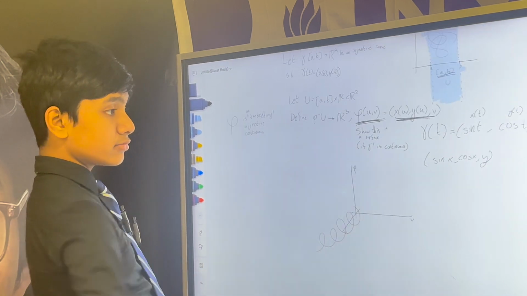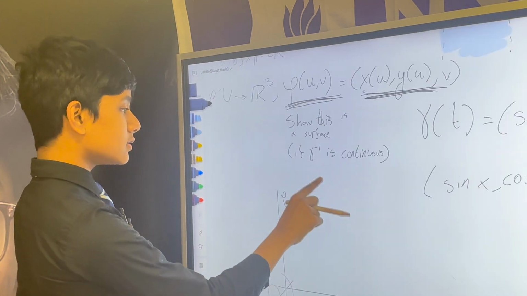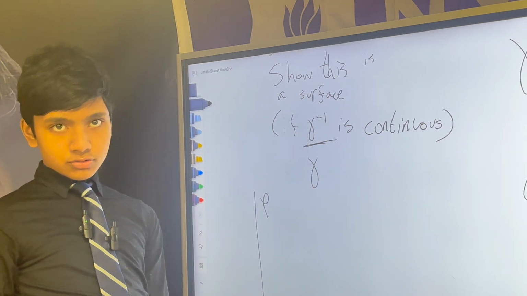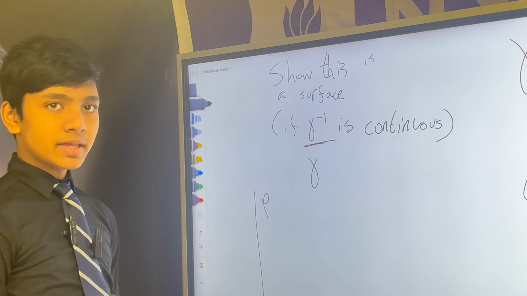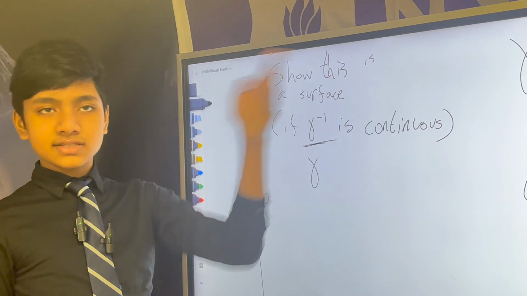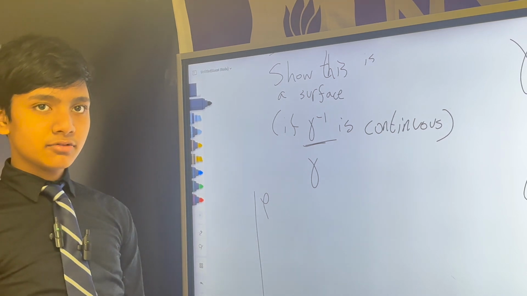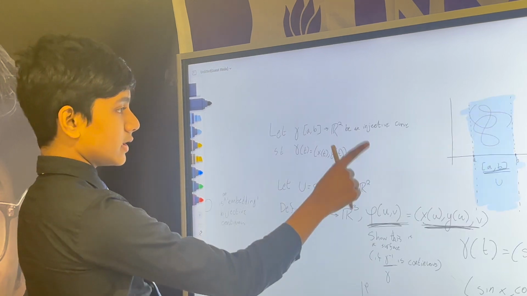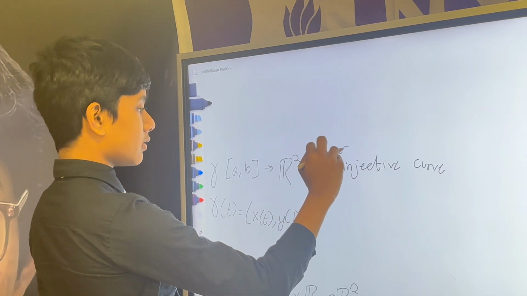Okay, but we know that gamma is already bijective because gamma inverse exists. And we also know gamma has to be an embedding because not only does the inverse exist, it's continuous, which means gamma has to be continuous, of course. Oh, well, it's also stated to be regular in the problem, you can say.